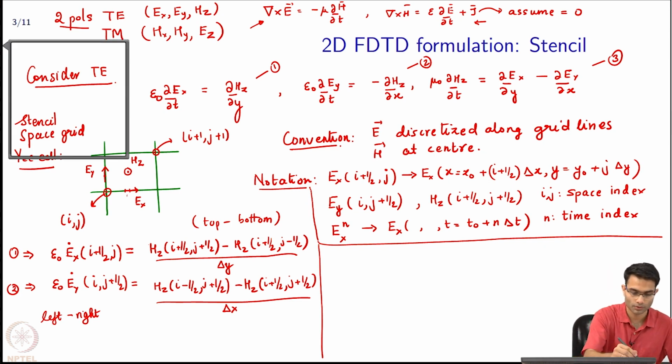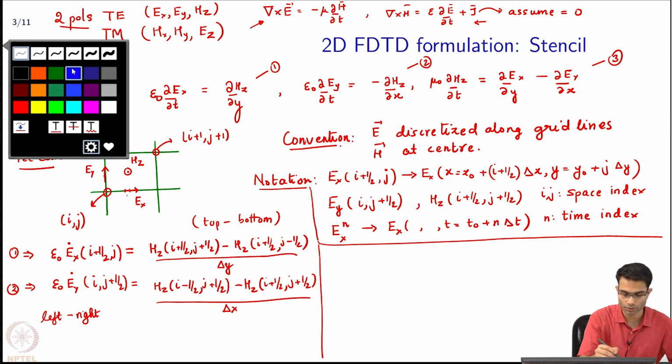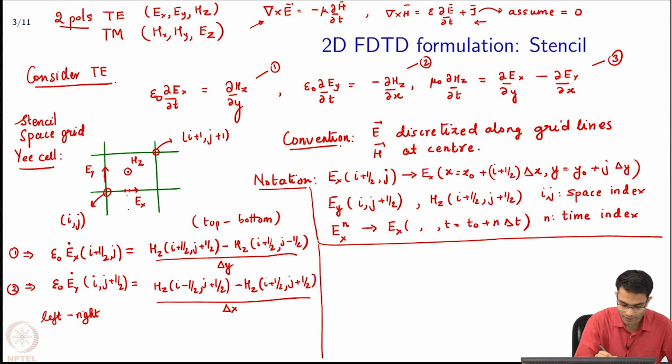Just to show you what we have done, we have considered these points, and these are the points that have been involved in these finite differences, Hz at these points. This blue and this red are involved together in giving me Ey.